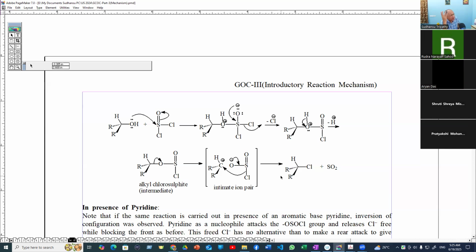Yes, it must be happening, because it has been proved beyond doubt with chiral centers. You are using this only to create a chiral center. If you take 1 degree, the same thing will happen, but retention of configuration will carry little meaning. Little means no meaning, understand? Yes, sir. That is why I selected a chiral center.